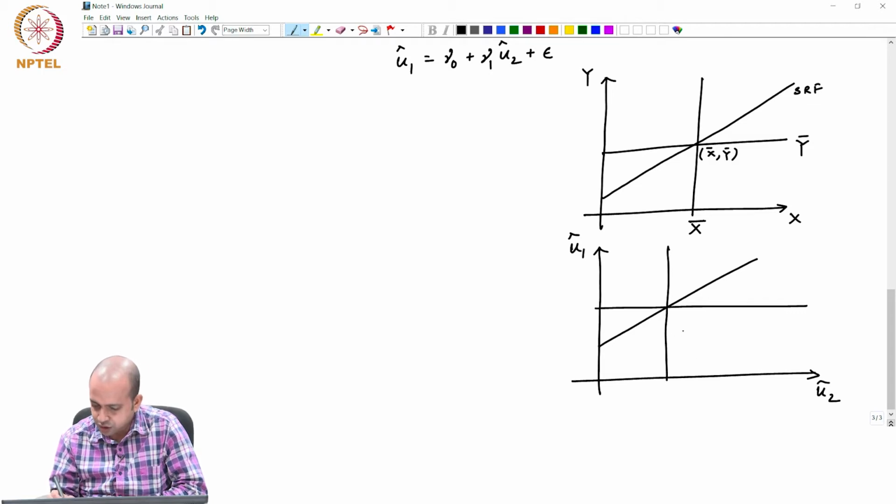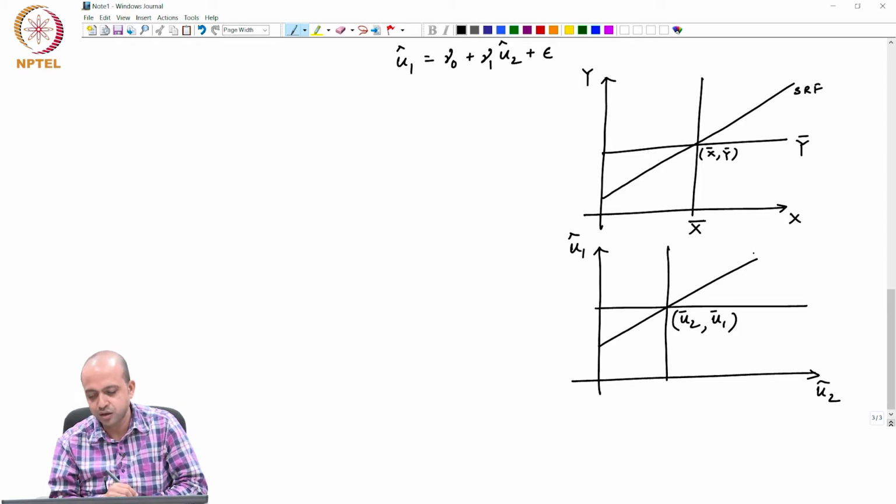That means, this should be u2 bar and u1 bar. So, that should also pass through the sample average, alright. Now, my question is, what is the value of u2 bar and u1 bar?